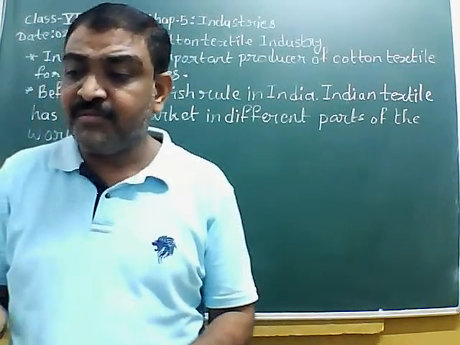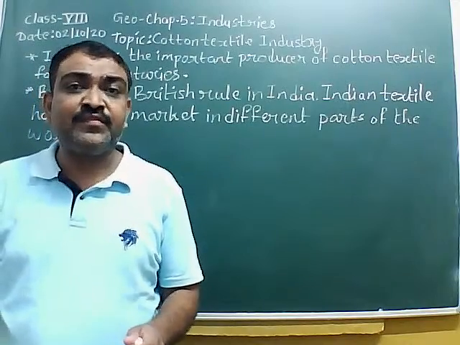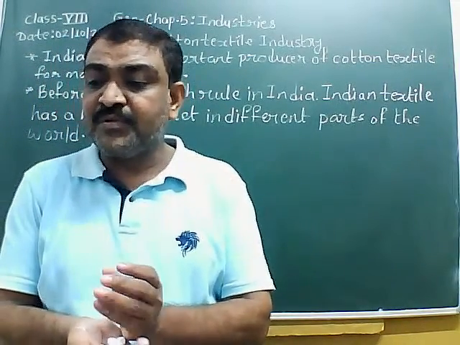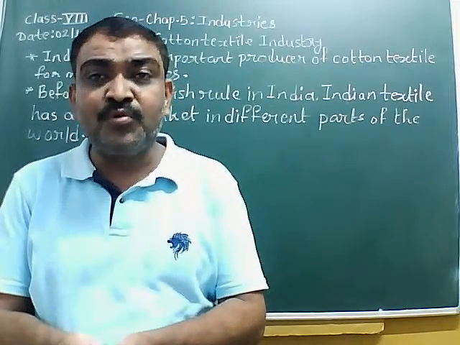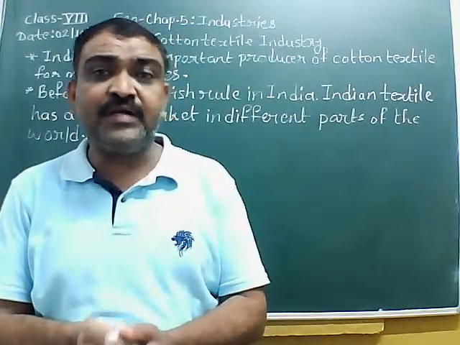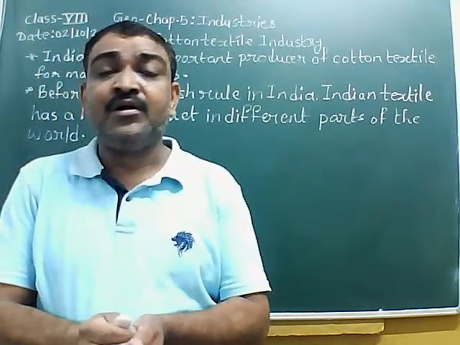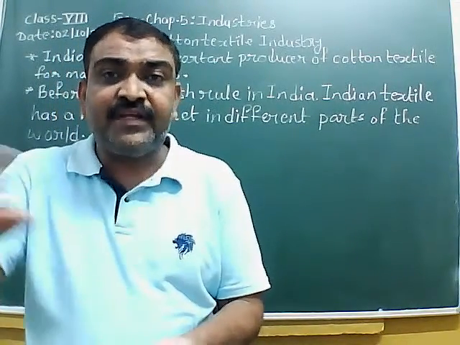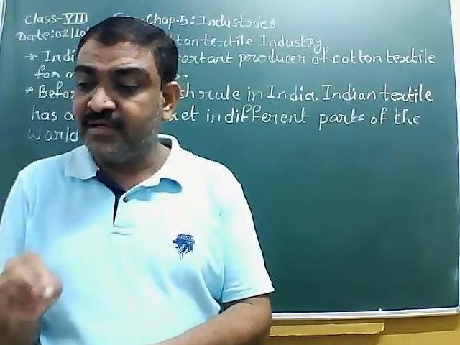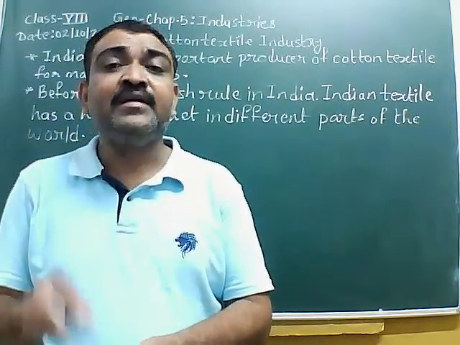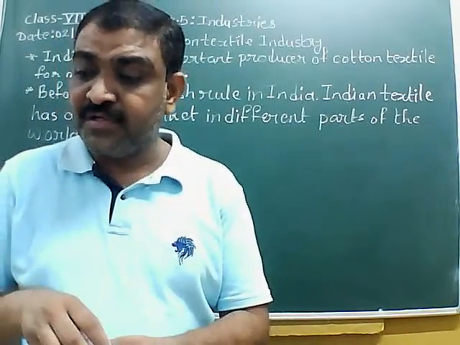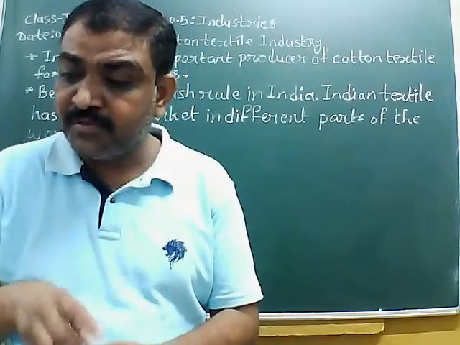So muslin from Dhaka, then chintz from Masulipatanam, calicos from Calicut, and the gold thread textile which are produced in Burhanpur, Surat, Varanasi and Vadodara. All these varieties of textile are known in different parts of the world for their best quality as well as the designs.